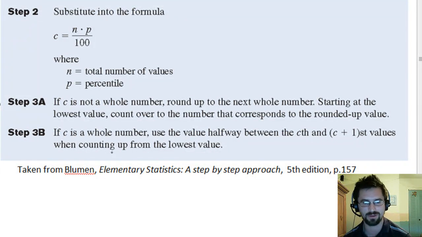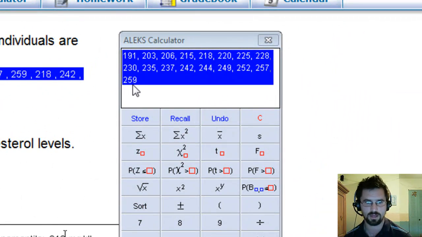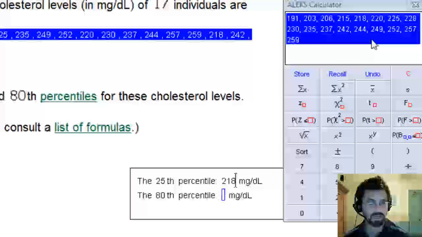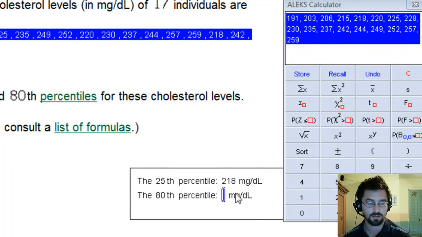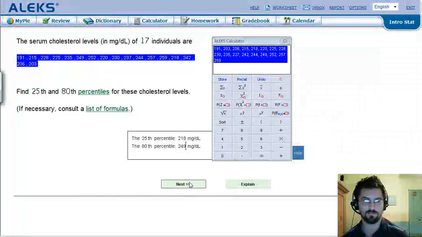That's a weird way to say it, but I'll explain what that means in a second. For the 80th percentile, we're looking for the 14th number in the list. So we go back to Alex, and I count down from the top: 17th, 16th, 15th, 14th. 249 is the 80th percentile. It's the 14th number in the list.